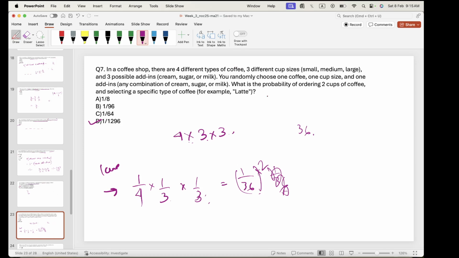But if I am saying that you can only order a certain type once, then it would change. So for the first cup I could choose one out of four. For the second cup I could choose one out of three.